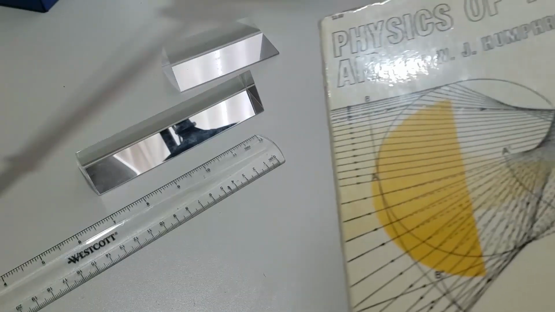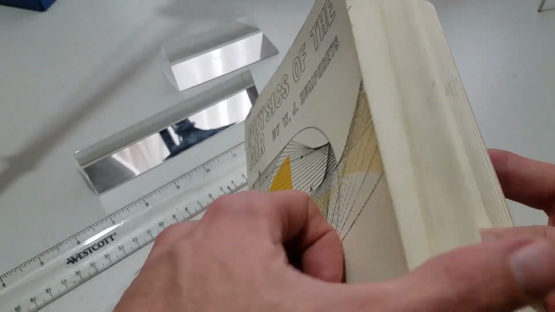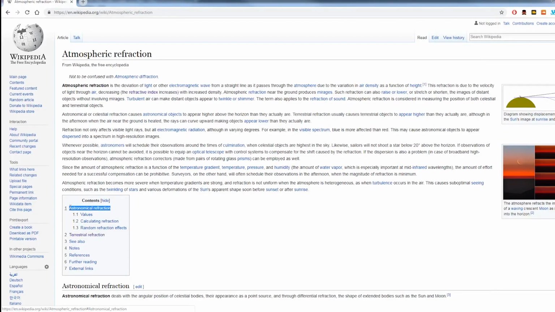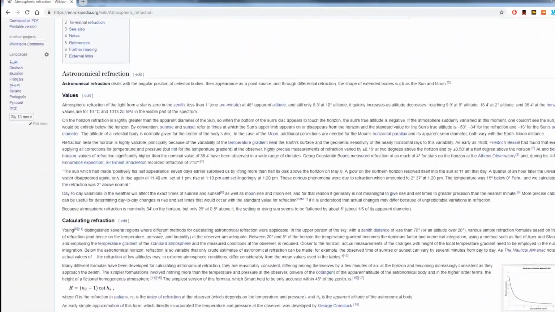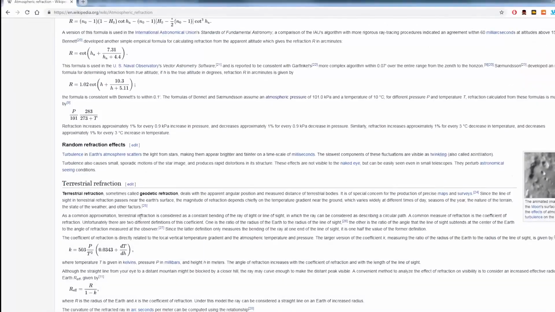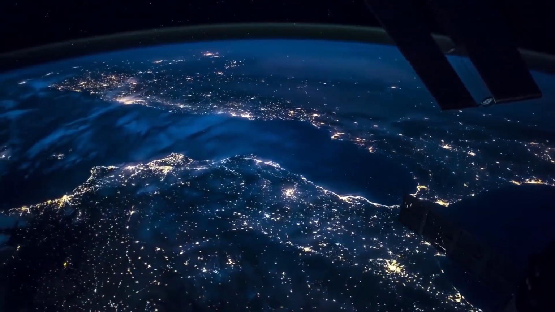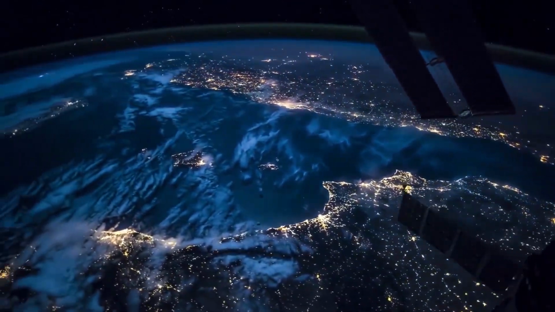This is a study of the physics of the air and atmospheric refraction, which consists of three phenomena: astronomical refraction, terrestrial refraction, and a third and yet unaccounted for, horizonal refraction. Let's look at each one in detail.